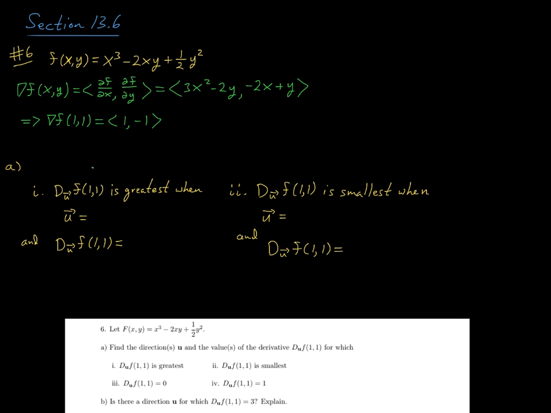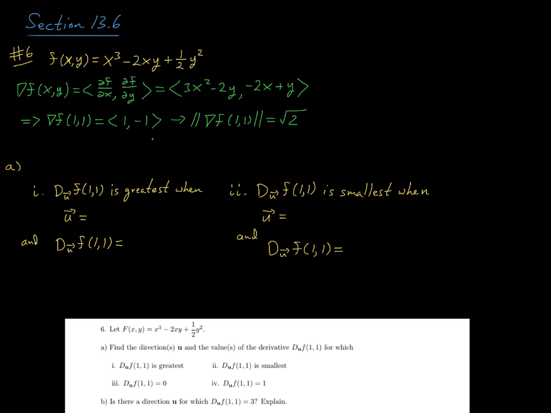Okay, now the way this notation is set up, u here, since it's acting as the subscript in the directional derivative, really is a unit vector. And I see that the gradient is not a unit vector. Its magnitude would be the square root of 2, because 1 squared and 1 squared is 2.